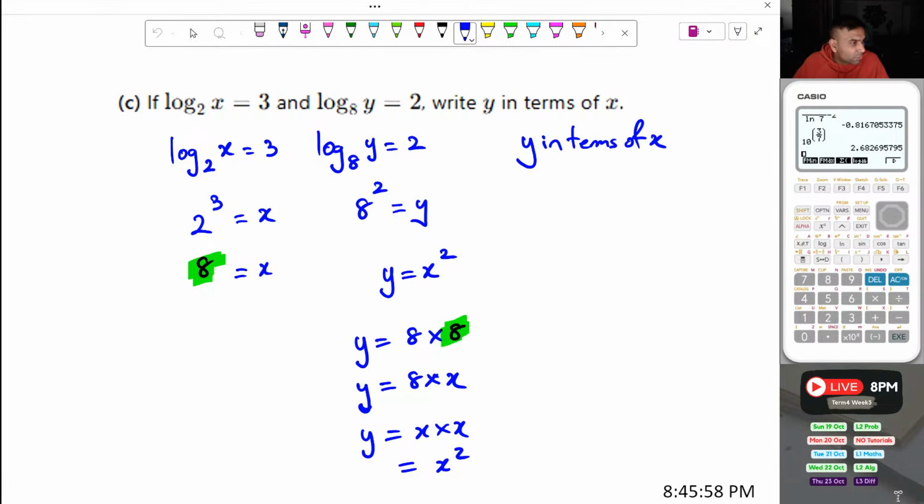I'm looking for a log question. This was 2023. Oh, that's a bit mean. Have you got an excellence question that's logs?